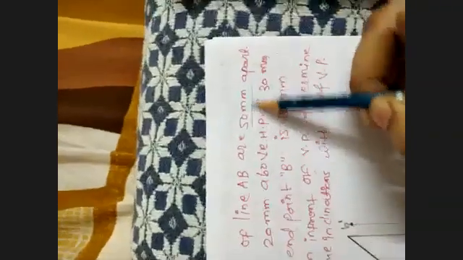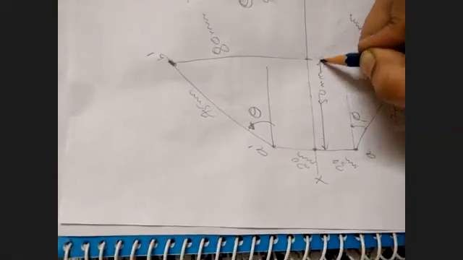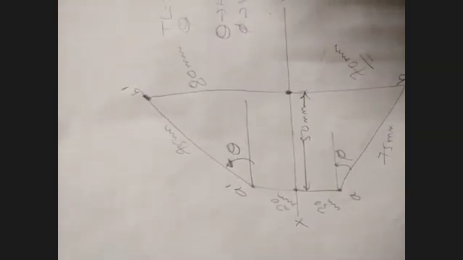Yeah, because they are not mentioned the in-between distance. They are mentioned 50 mm apart. Means this point take 50 mm distance, and from this take 80 mm. Okay ma'am. I forgot to take this distance.